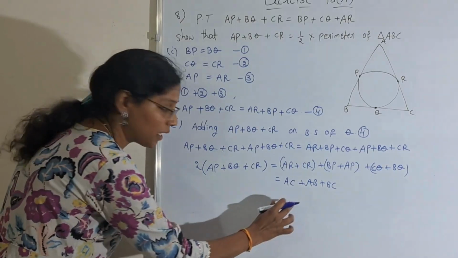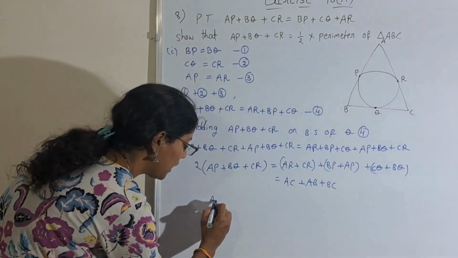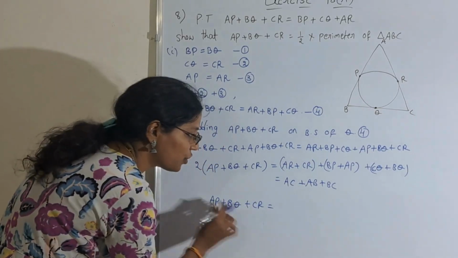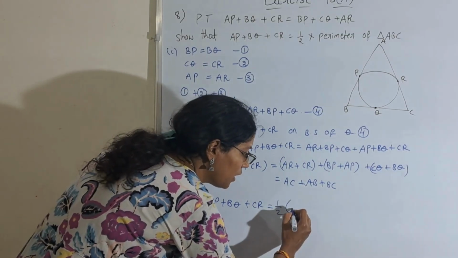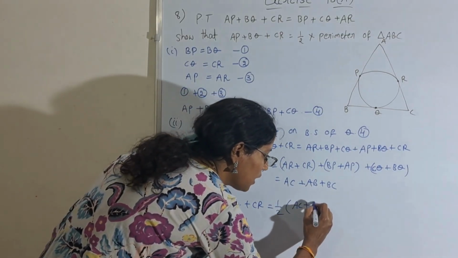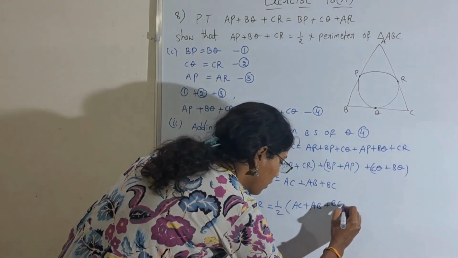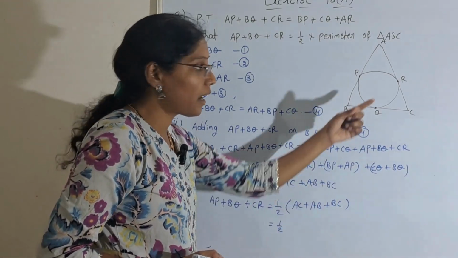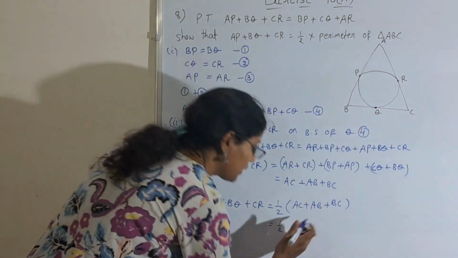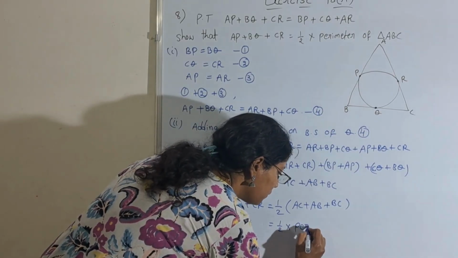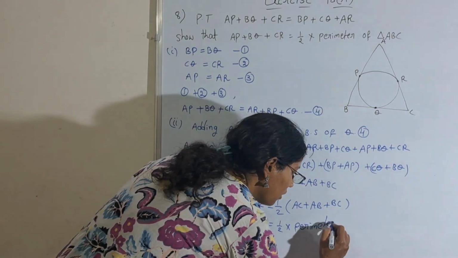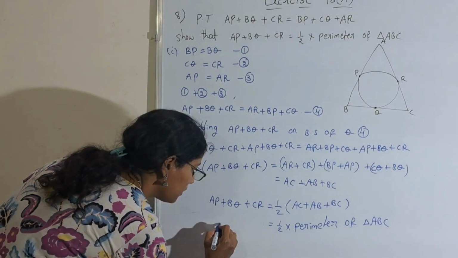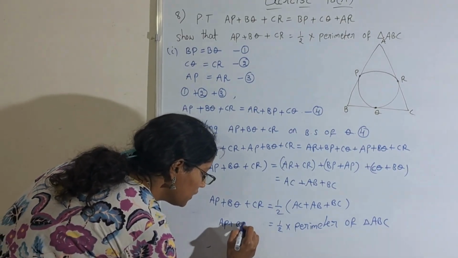This 2 we have to send to the right side. Here AP plus BQ plus CR is equal to, 2 shifting means 1 by 2 it will come, AC plus AB plus BC. Here what we can write: half into perimeter of triangle ABC, sum of all sides. This is AP plus BQ plus CR.